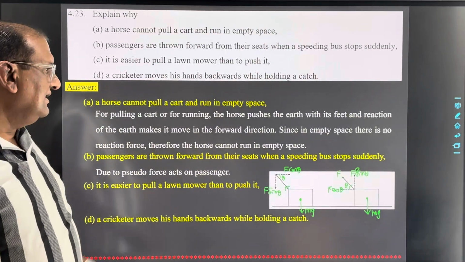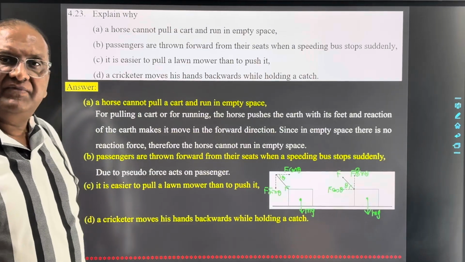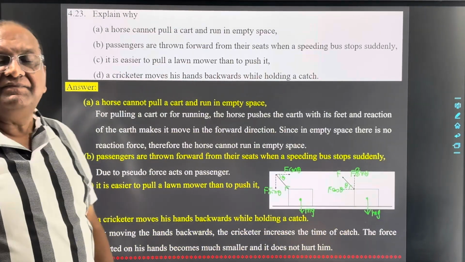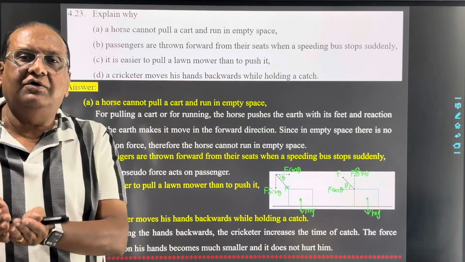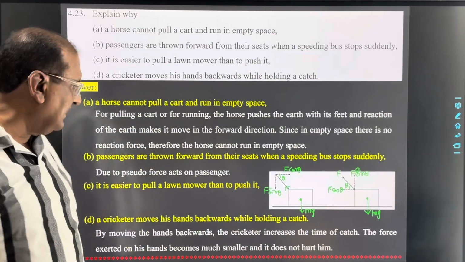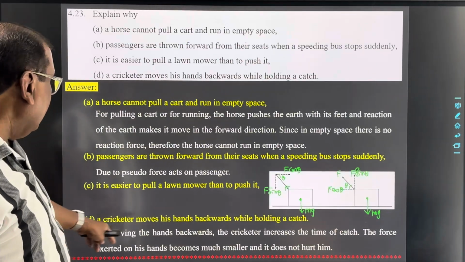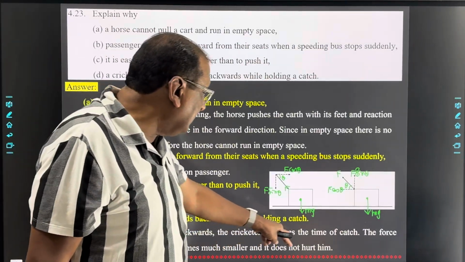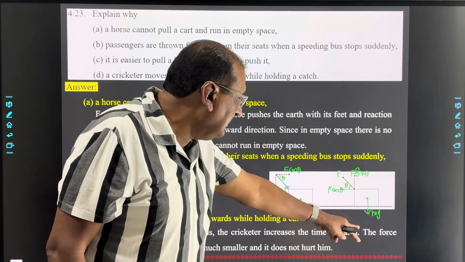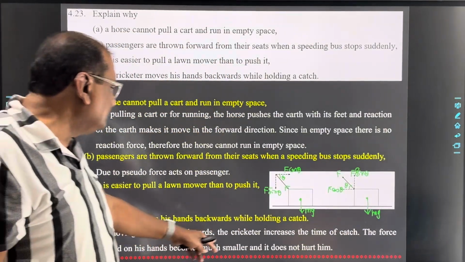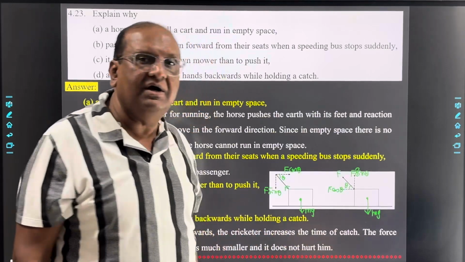So when the time interval for the change in momentum is increased, the effect of force on the hands can be decreased. So we can say that by moving the hands backward, the cricketer increases the time of catch. The force exerted on the hands becomes much smaller and it does not hurt him.